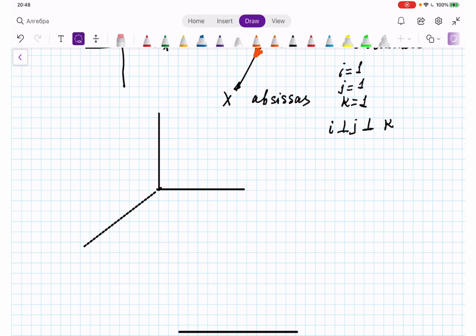So this is our X, Y and Z, our 3D dimension. Let me put there i, j, and k. So let's say this is our i.